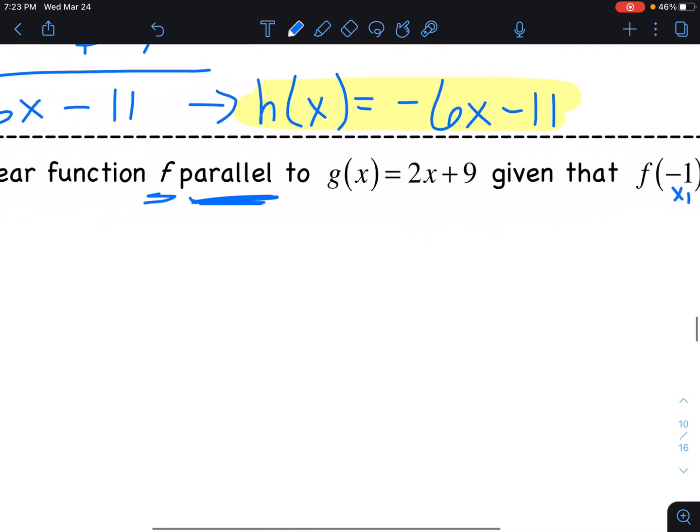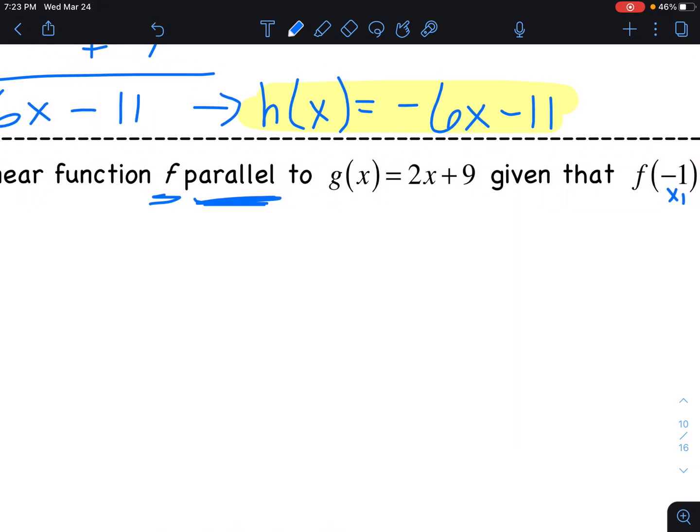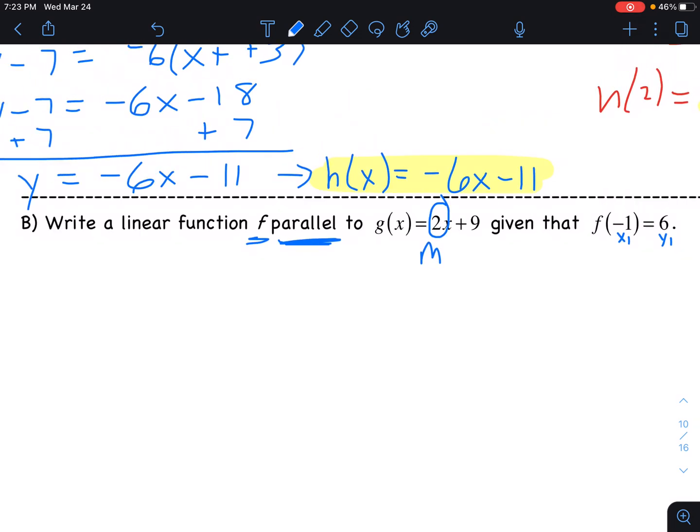My slope I get from g of x. What is the slope in g of x? You should be thinking it's the 2. And since it says parallel, that means it is equal to the 2. So that's what I'm going to use in my point slope formula.